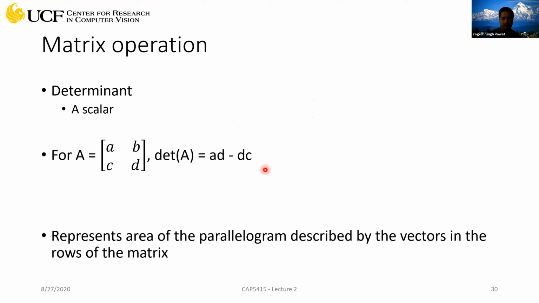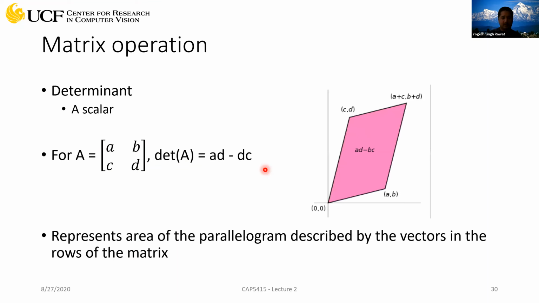Before going to that, let me talk about the interpretation of the determinant of a matrix. If we are in a two-dimensional space, then when you compute the determinant of a matrix, it's trying to compute this area, which is the area of a parallelogram formed by the vectors we have in this matrix.